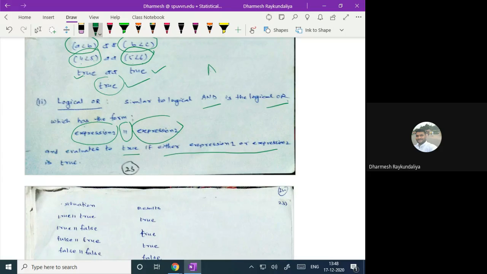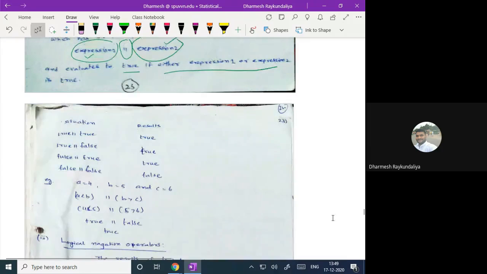So we talk about A union B. If A has some elements and B has some elements, the result will be the combination of the elements. That means if expression 1 is true or expression 2 is true or both are true, the result is true. That means if both are false, then and only then the result is false.